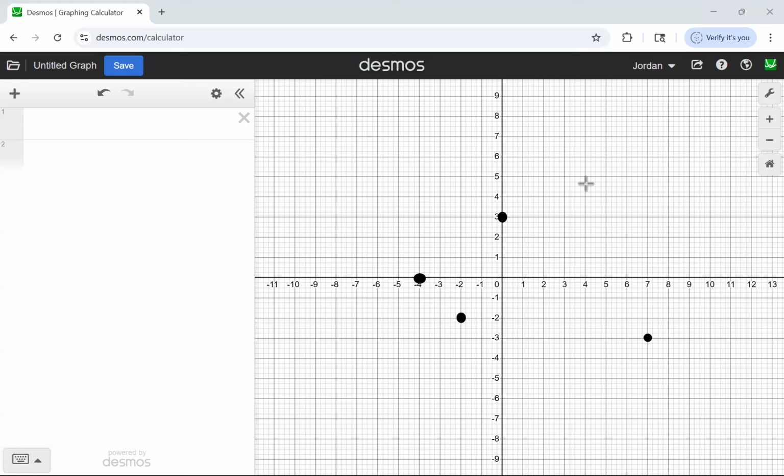Again, the quadrant that point is in is quadrant 4. So quadrant 1, 2, 3, 4. So that quadrant is quadrant 4. If we're on the y-axis or on the x-axis, we are not in a quadrant. So that's the idea of plotting points.